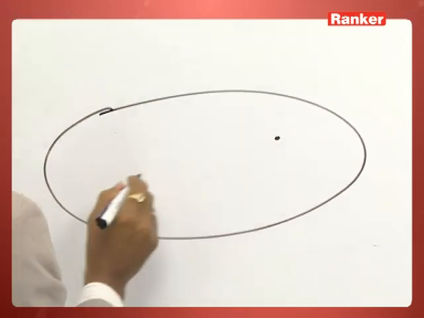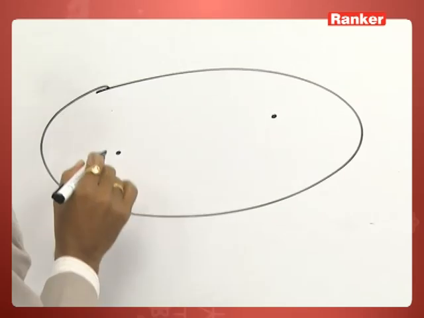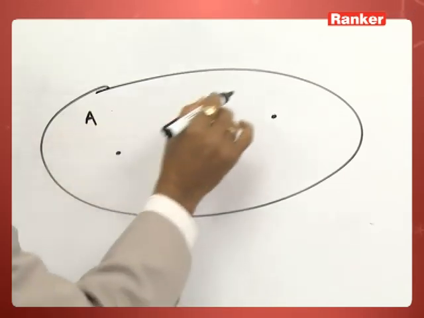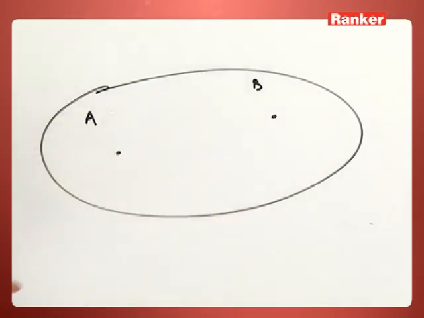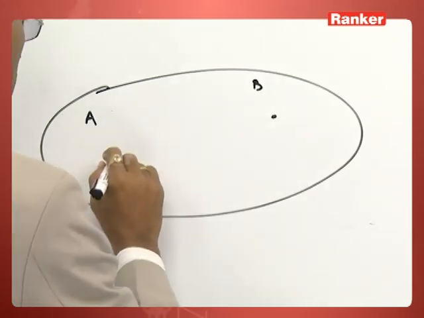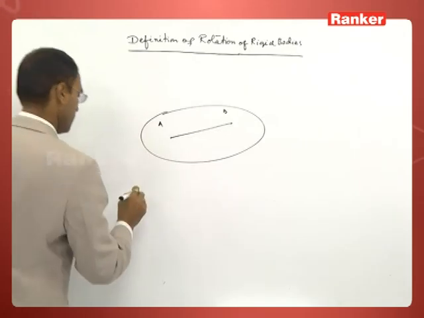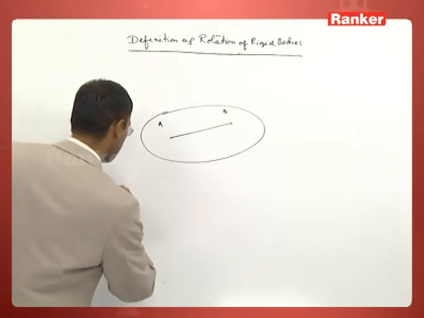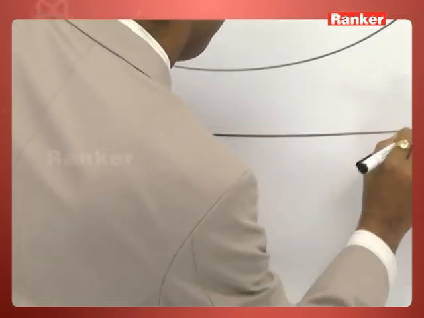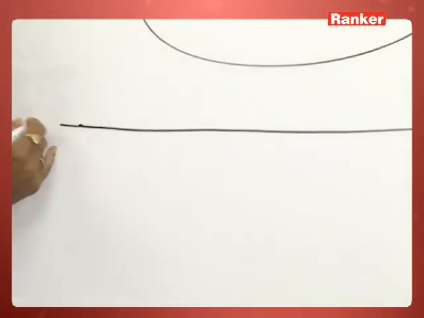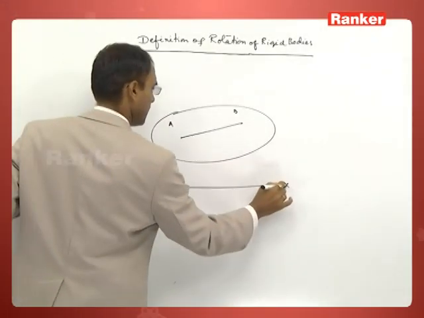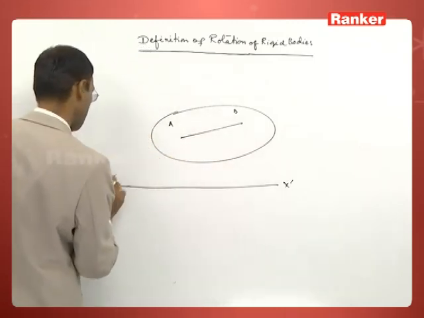You take a rigid body, you take 2 points inside the rigid body, and join these 2 points. You take a reference line which is fixed, let it be x dash.